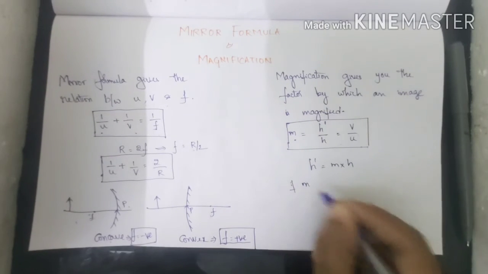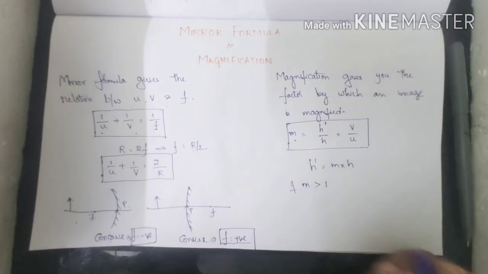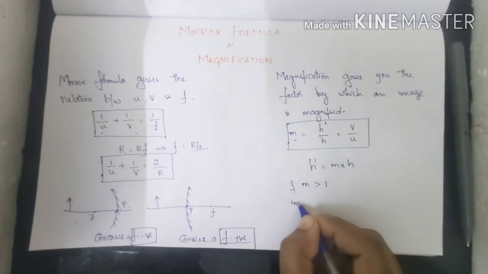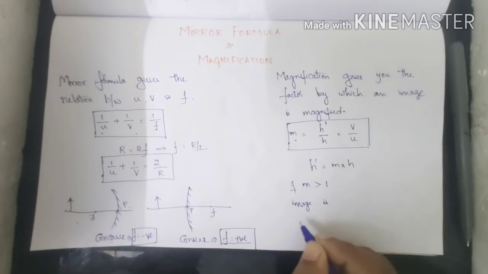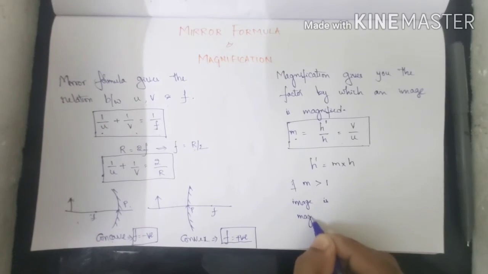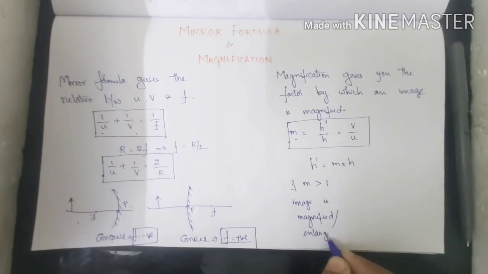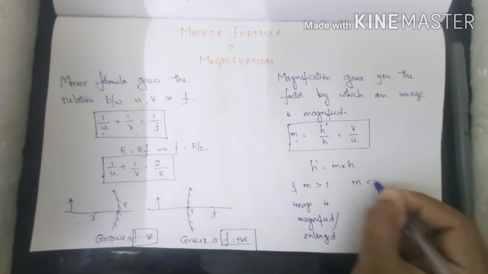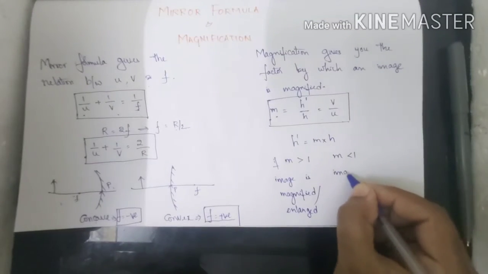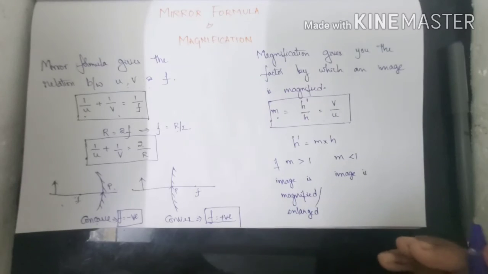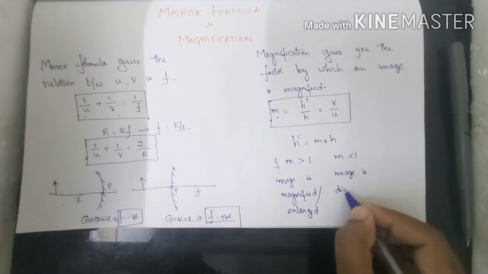If m is greater than 1, then the image is magnified or enlarged. You will use the word enlarged, okay. If m is less than 1, then the image is diminished.